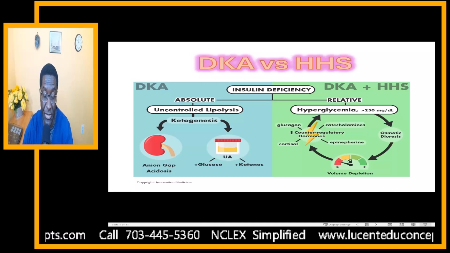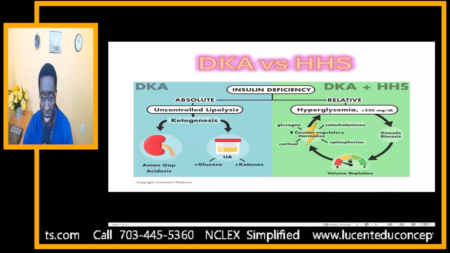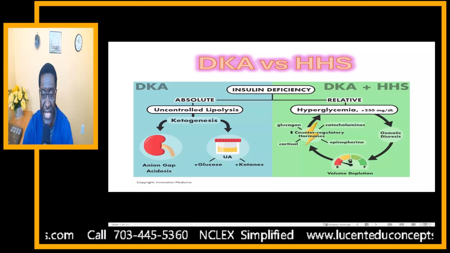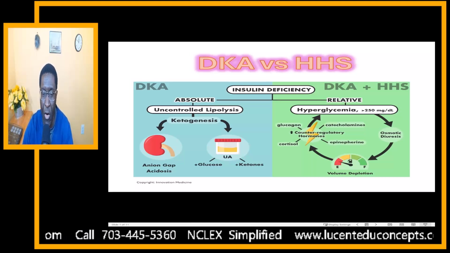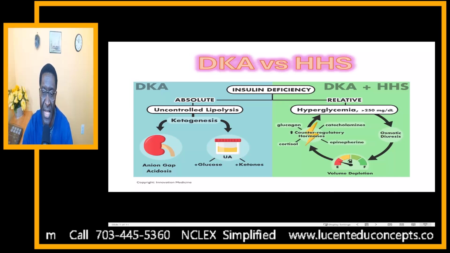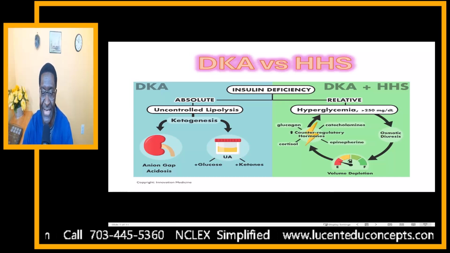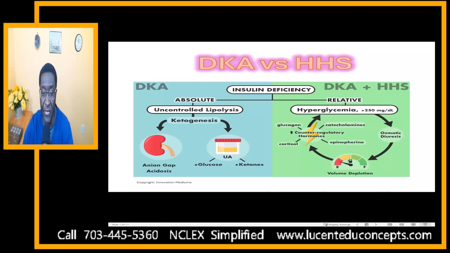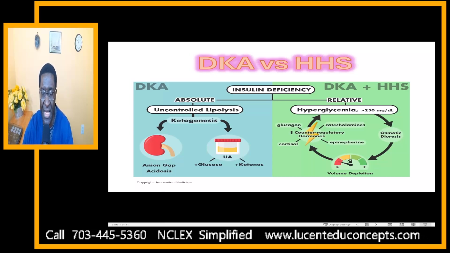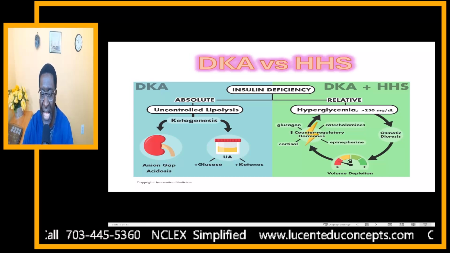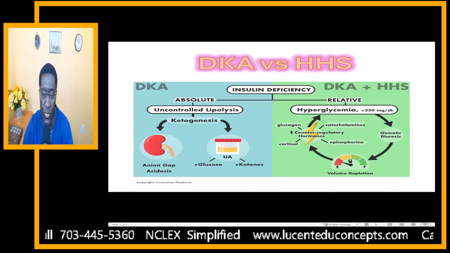And the fat is absolutely going to be used as a way of fuel. That is what is termed lipolysis, which is uncontrolled breakdown of fat. Now, as the fat is breaking down, it leads to the release of ketones, and ketones are also acids. That leads to an increase in the anion gap, leading to acidosis.